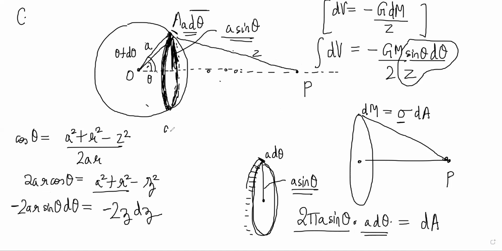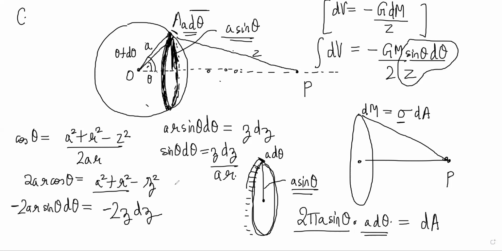You get ar sine theta d theta equal to z dz. Then you can say sine theta d theta is z dz by ar. That is what he has written, right?